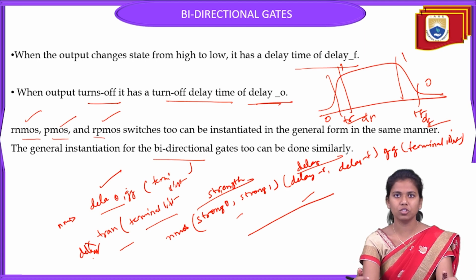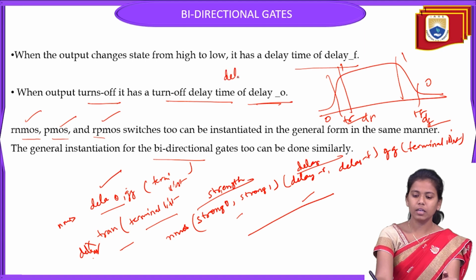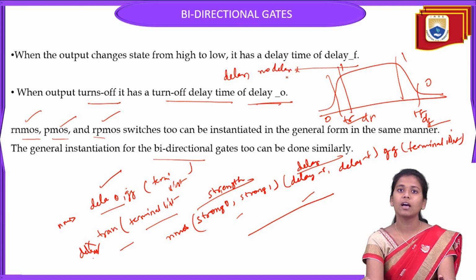Okay, when it comes to the instantiation, sometimes in the switching process we see there are some delays, and sometimes we see no delays. There is also a possibility of instantiating the signal strengths as well.